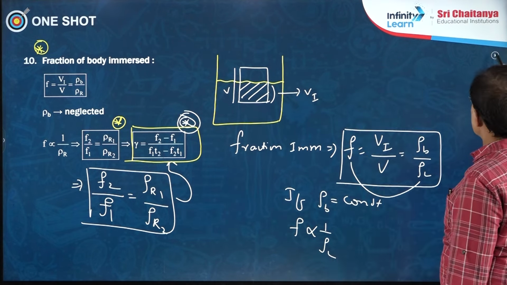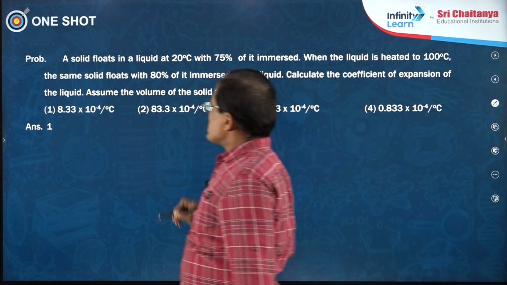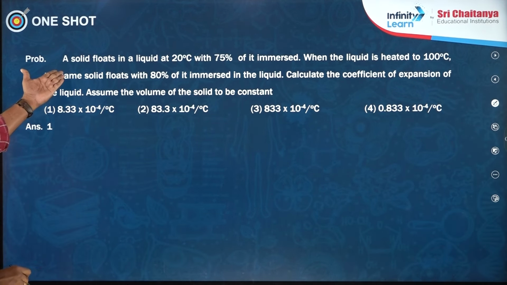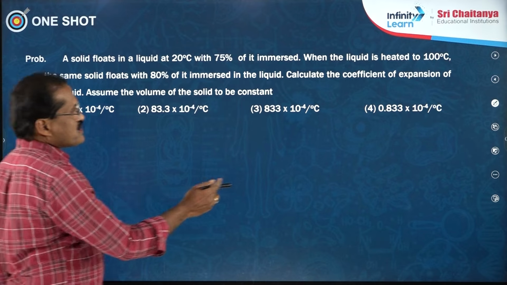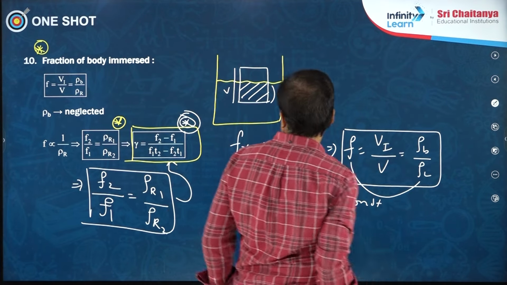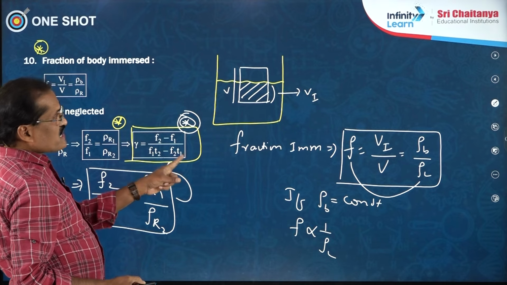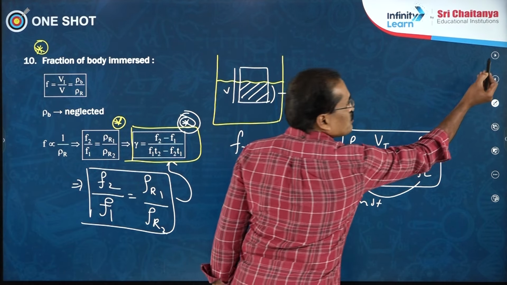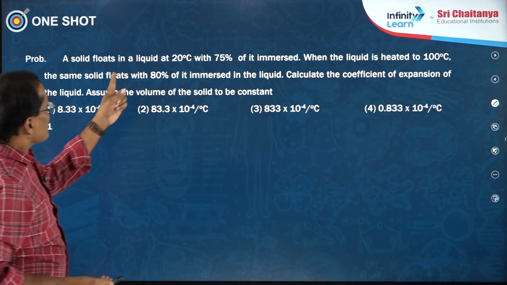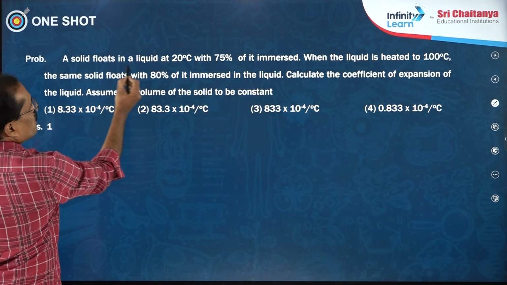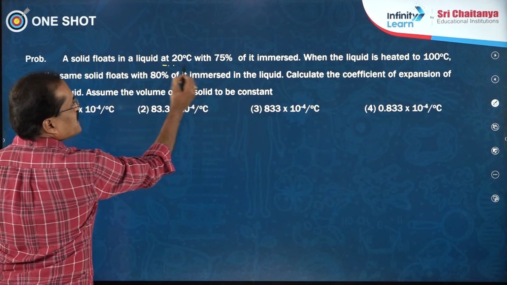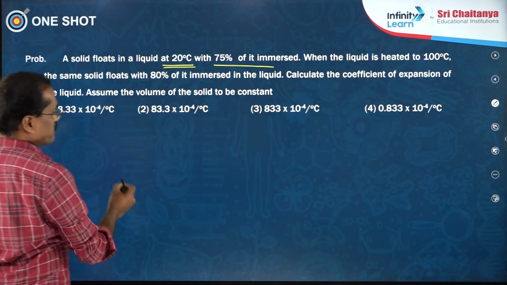Okay children, we will go to the next. Based on this concept, how much of the fraction is immersed at the second temperature and first temperature, F1 T2 minus F2 T1, just note that formula. Now you can see, a solid body floats in a liquid at 20 degrees Celsius, 75% is immersed.